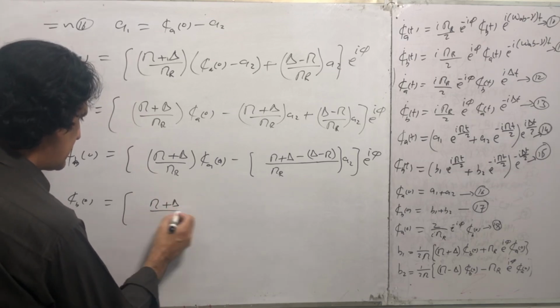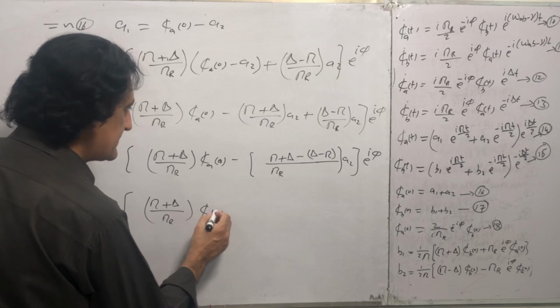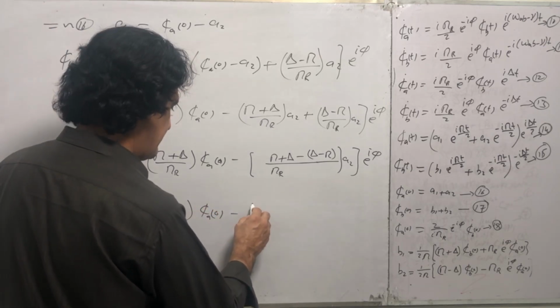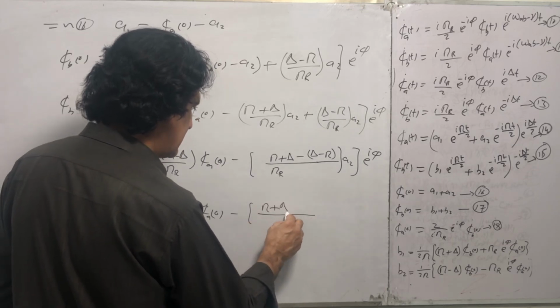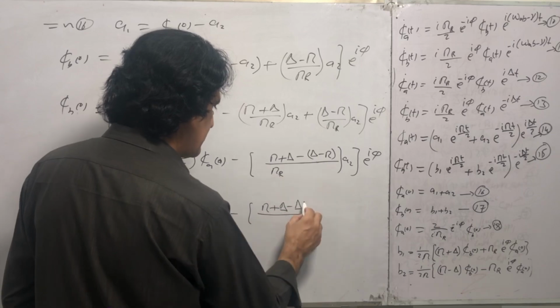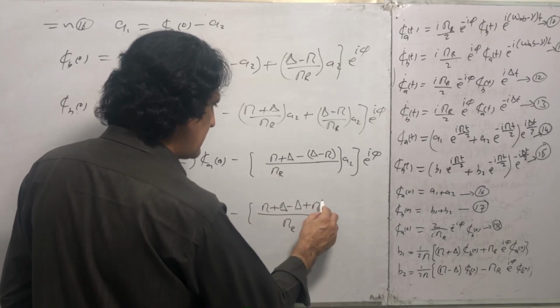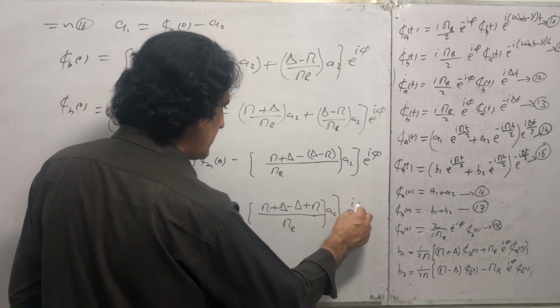CB0 is omega plus delta divided by omega r CA of 0 minus omega plus delta, delta minus minus plus omega divided by omega r A2 and e to the power iota phi.